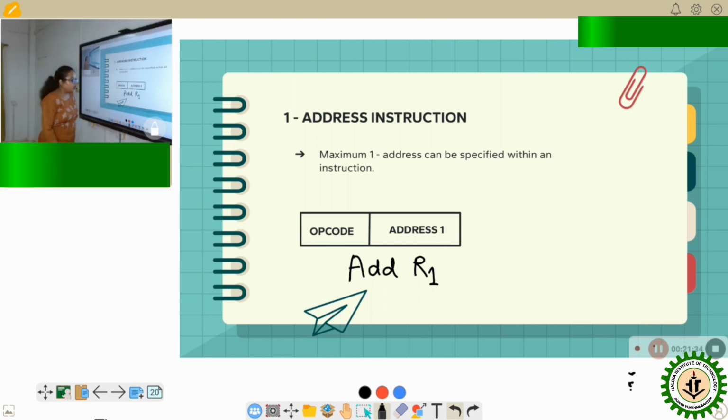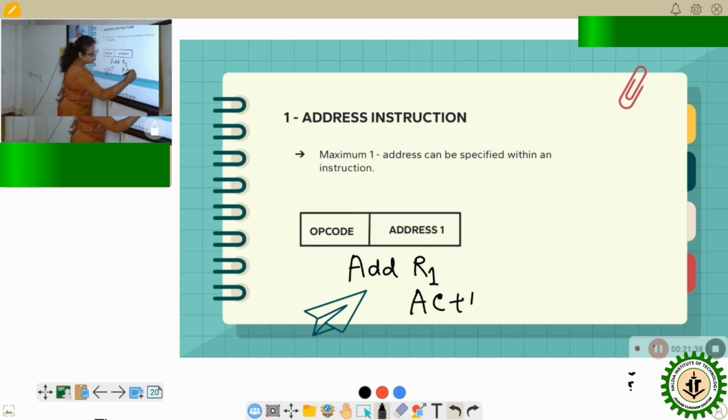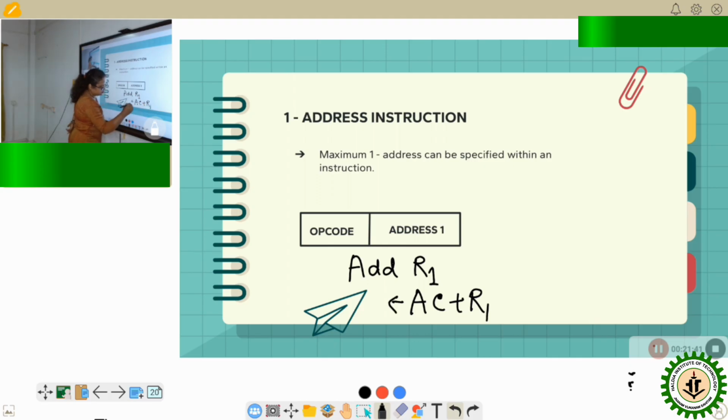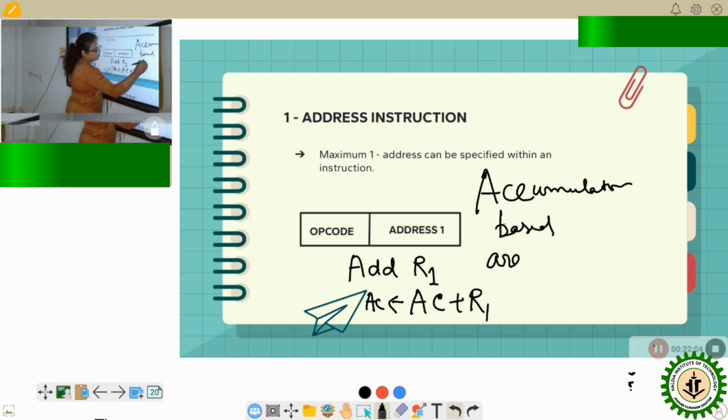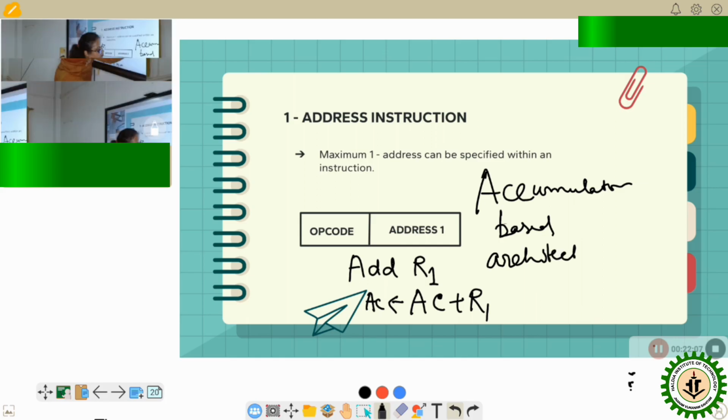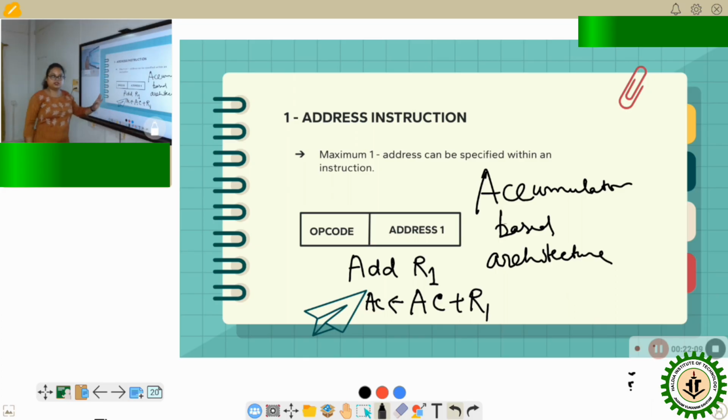What I have to do is take the accumulator. We store the value in the accumulator, that is, implicitly we are adding in the accumulator. So this type of instruction is called accumulator based architecture.